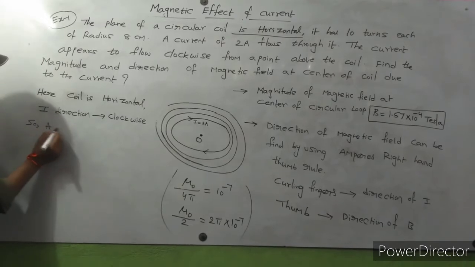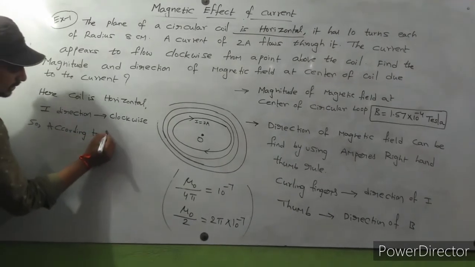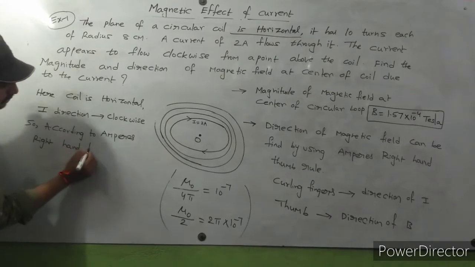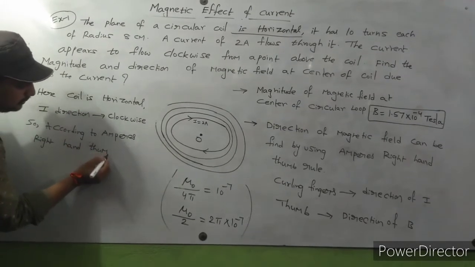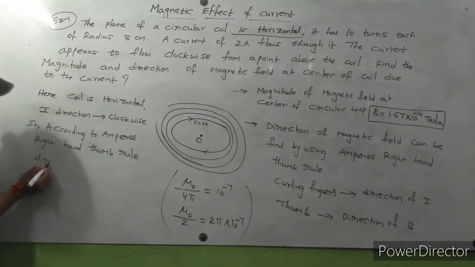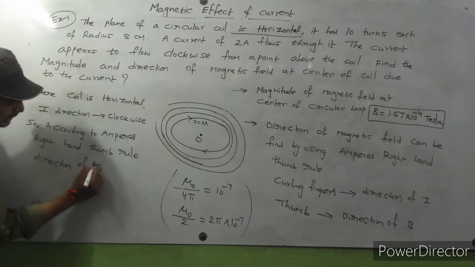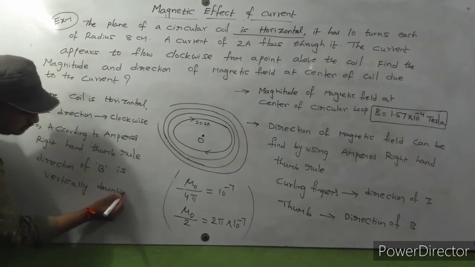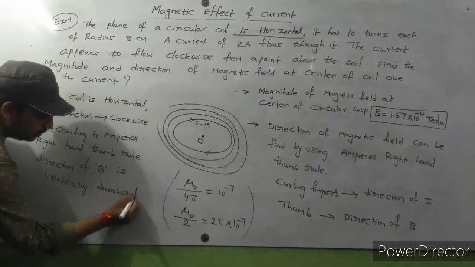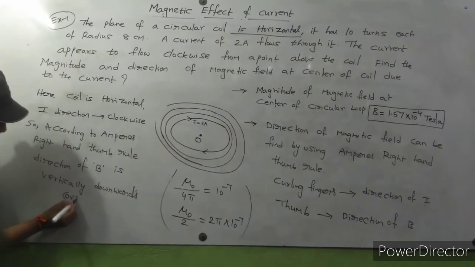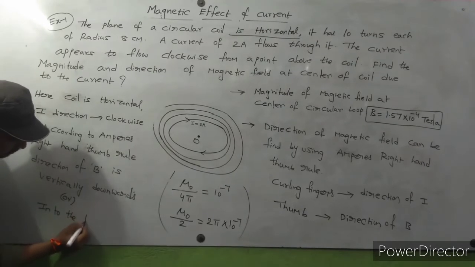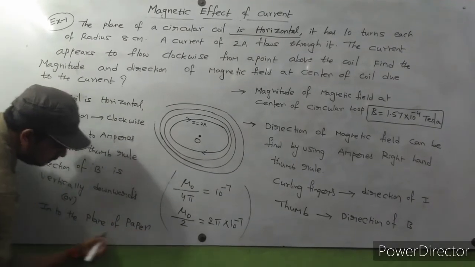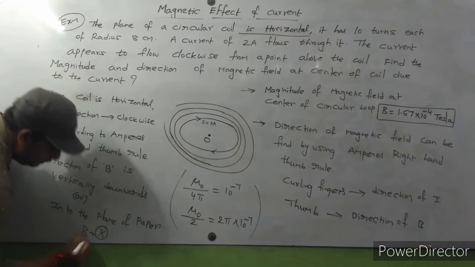So according to Ampere's right hand thumb rule, the direction of B is vertically downwards, or into the plane of paper. Okay, the magnetic field is into the plane of paper.